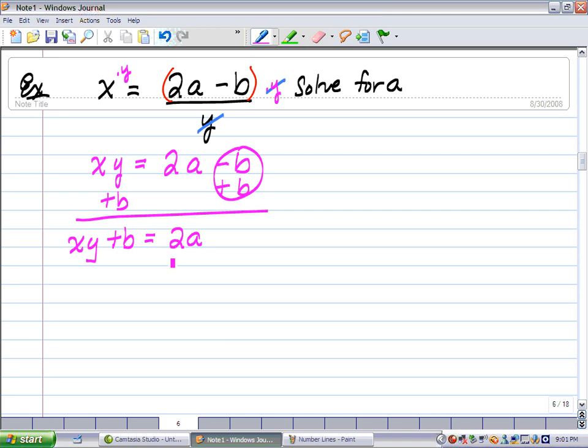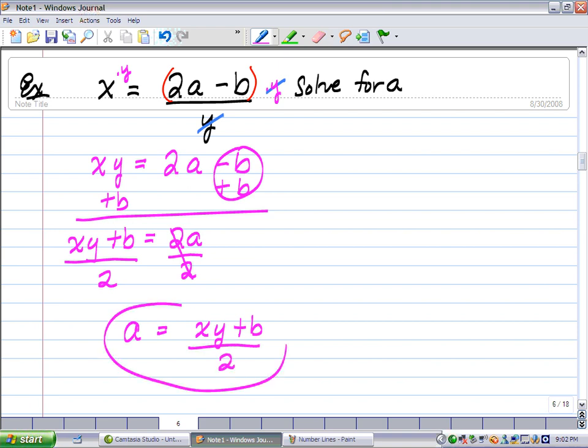Still trying to get a alone, so I have to divide by 2 on both sides, and 2 divided by 2 is 1, so my answer is going to be a equals x times y plus b over 2. And that is my answer, an equation.